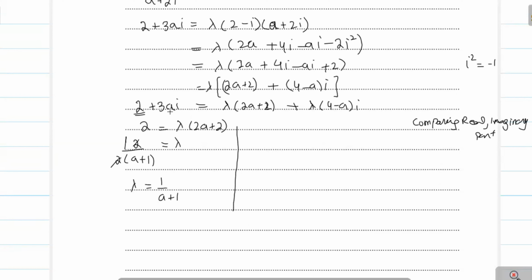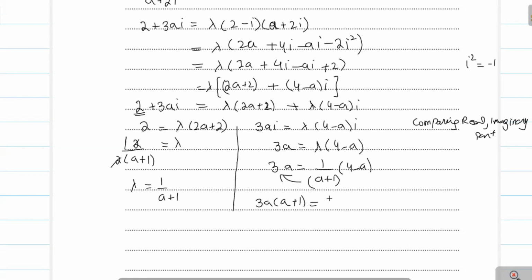And the imaginary part here is 3ai equal to lambda 4 minus a i. Now we can write 3a will be equal to lambda 4 minus a. Now 3a is written as it is. Lambda value, 1 over a plus 1 into 4 minus a, cross multiply: 3a into a plus 1 equal to 1 into 4 minus a.